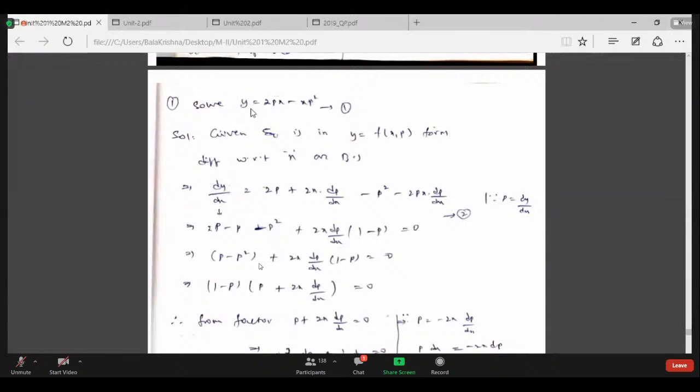Or when you are given an equation totally like this, y minus 2px plus xp square equal to 0, try to express whether you are able to write it in the form of y is equal to or x equal to.